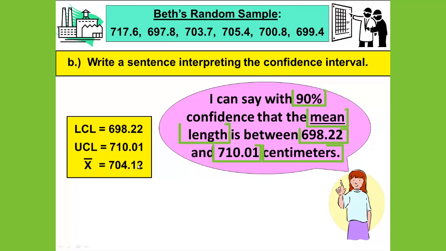I can say with 90% confidence, because that is the confidence interval we built, that we're talking about the mean what? Length is between 698.22 and 710.01, and we were measuring in centimeters. So there is our sentence.